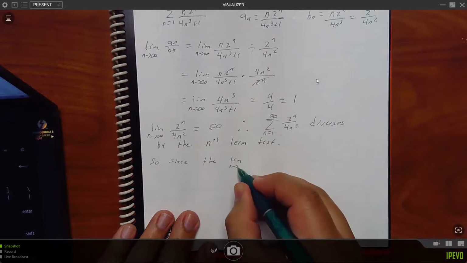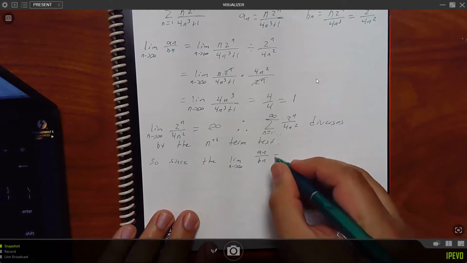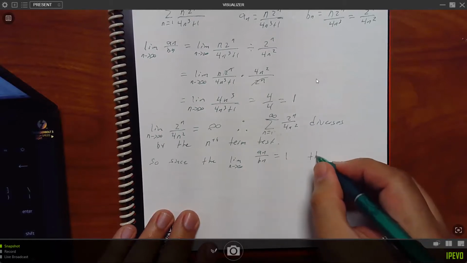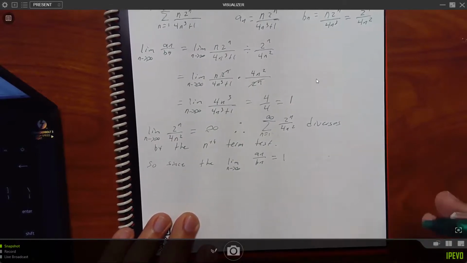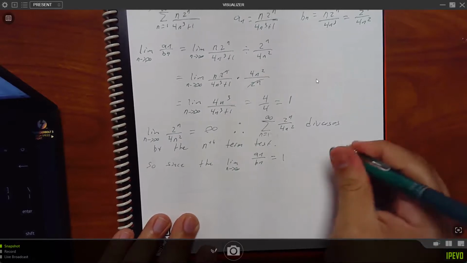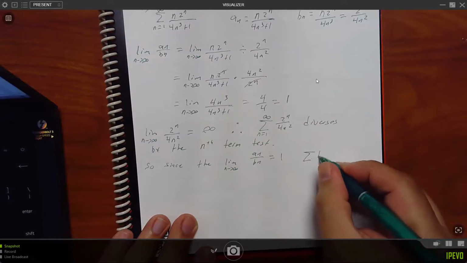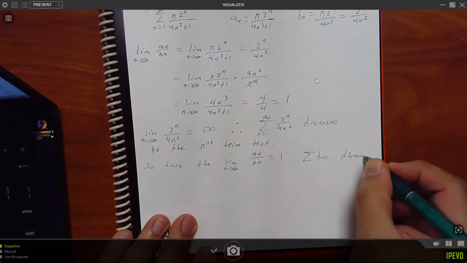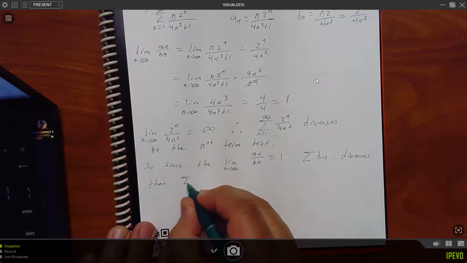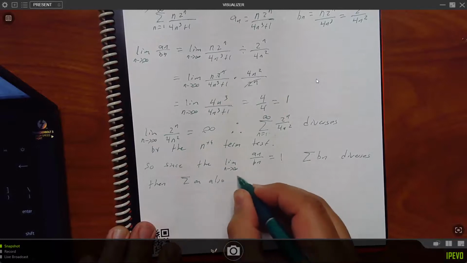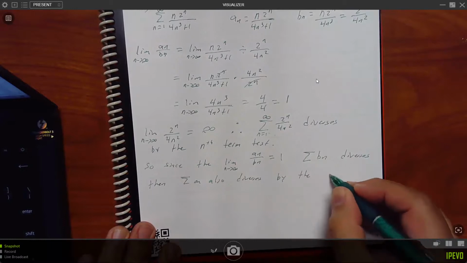The limit as n goes to infinity of a_n over b_n is equal to 1, and the series b sub n diverges, then that means the series of a sub n also diverges by the limit comparison test.